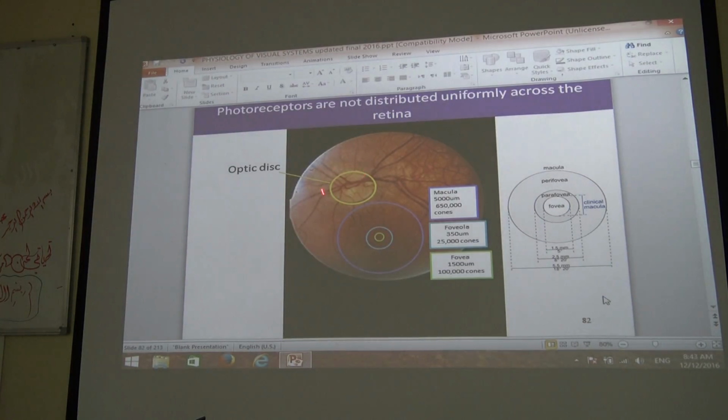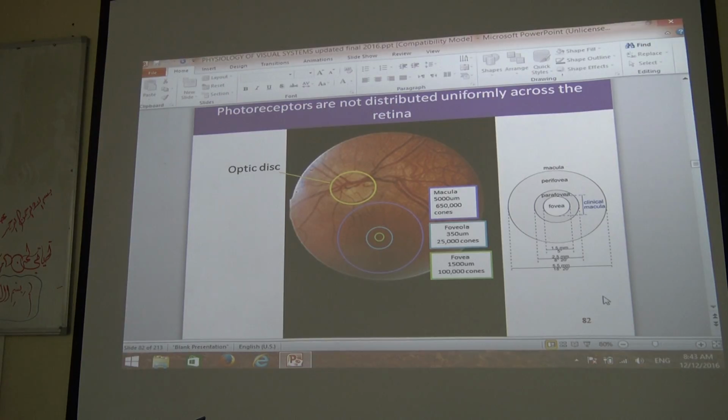So we have the macula, and inside the macula there is the fovea. In the fovea there are only cones. There are no other cells, bipolar or ganglionic; they are shifted laterally from the fovea.